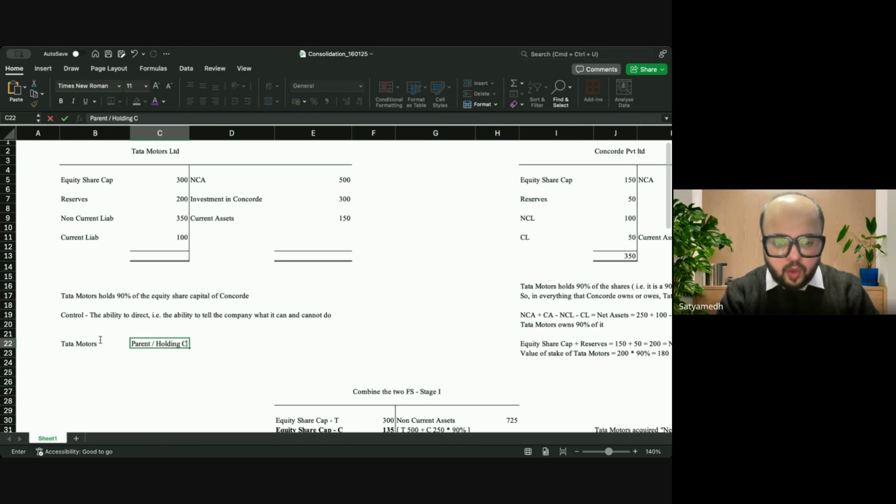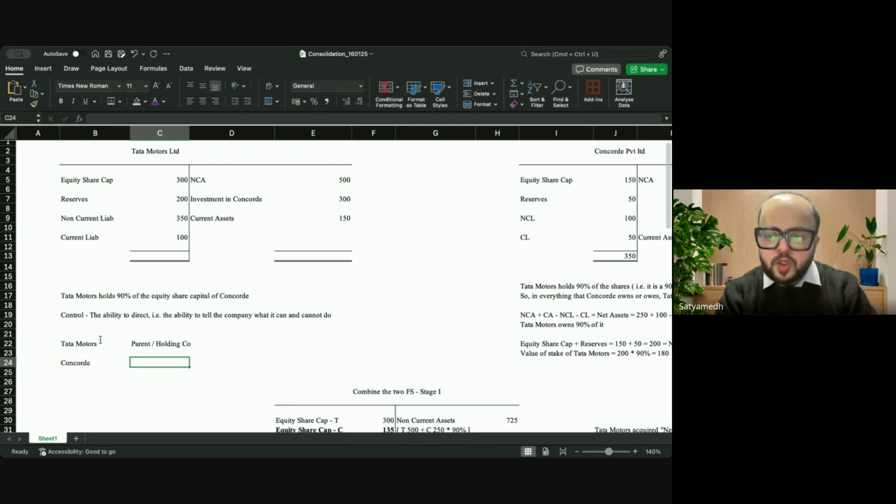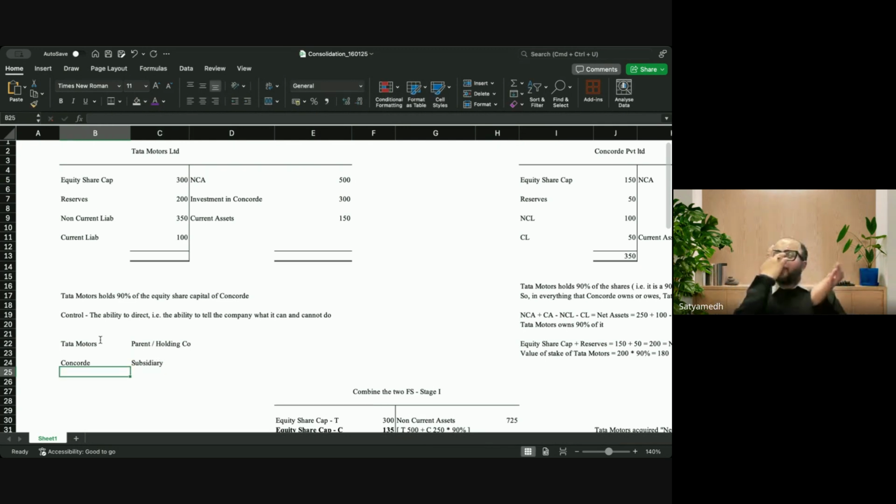We also call it the holding company. And Concord is called the subsidiary. These two companies together are called a group. Tata Motors, parent or holding, whatever you want to call it, and Concord is the subsidiary. These two companies together are called a group.